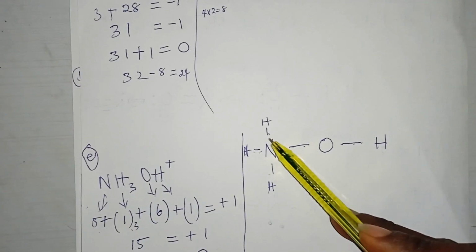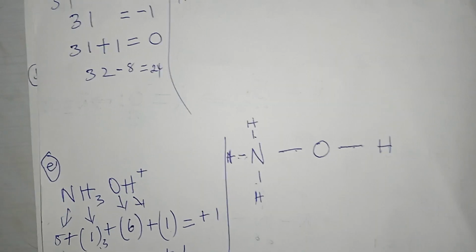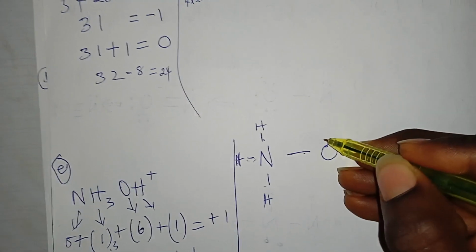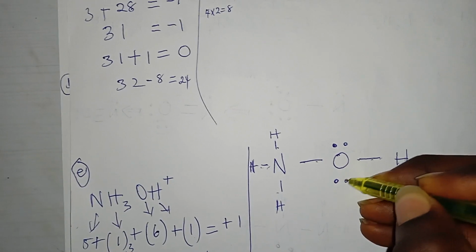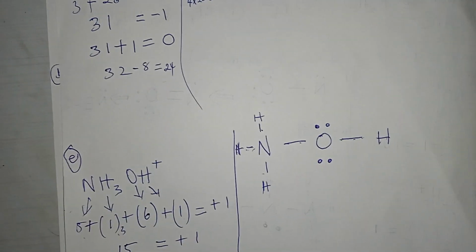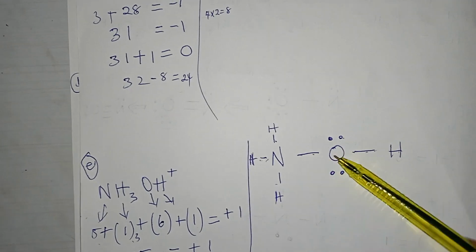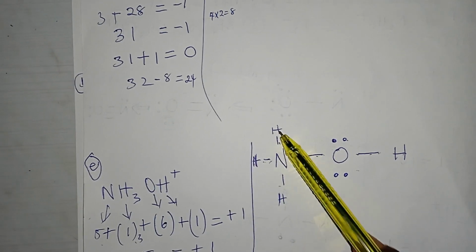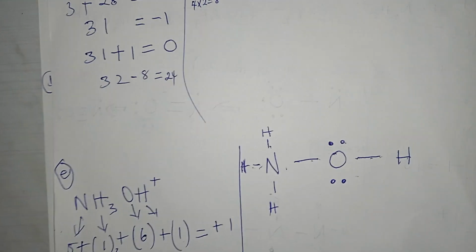I told you always start from the right terminal. When you see hydrogen there, don't put anything on it. So 4, just 1, 2, 3, 4. So it is balanced. 1, 2, 3, 4, 5, 6, 7, 8 for oxygen, then 1, 2, 3, 4, 5, 6, 7, 8 for nitrogen. So it's balanced.